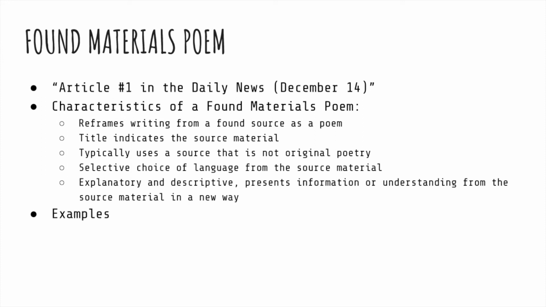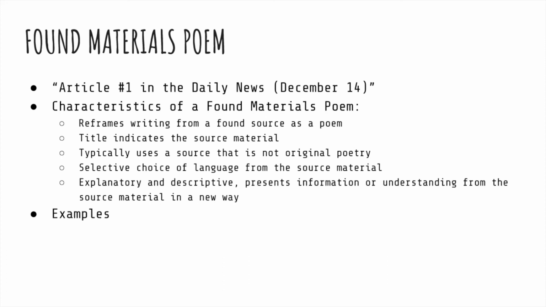The characteristic of a found materials poem is that it reframes writing from a found source as a poem. It takes basically words from a newspaper or an article, anything that isn't a poem to begin with, and turns it into a poem. The title usually indicates the source material that you took the words from. In this case, they take it from an article found in the daily newspaper. Again, like I said before, it typically uses a source that is not originally a poem or poetry, and a selected choice of language from the source material.